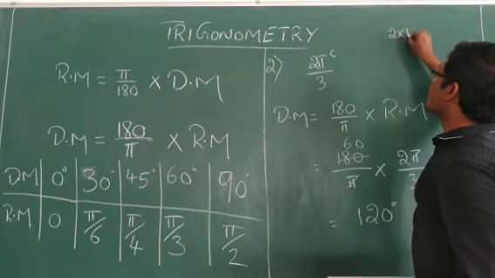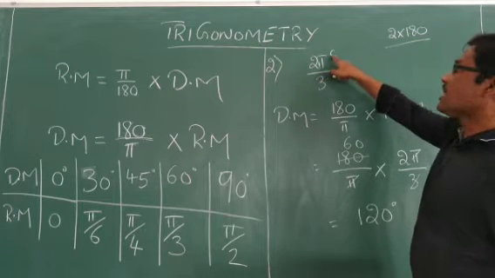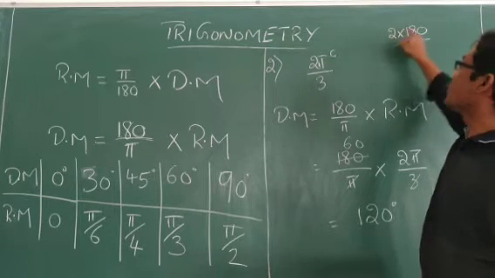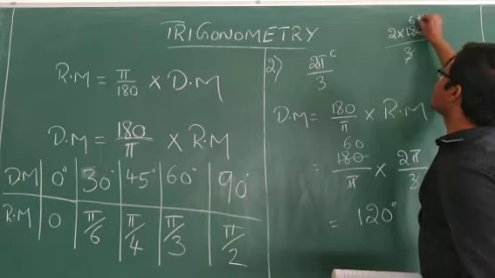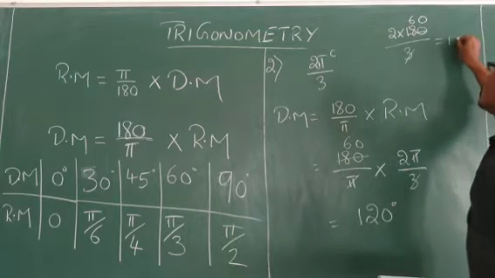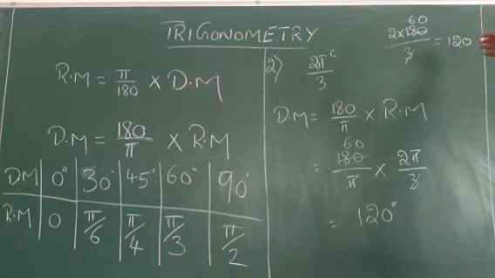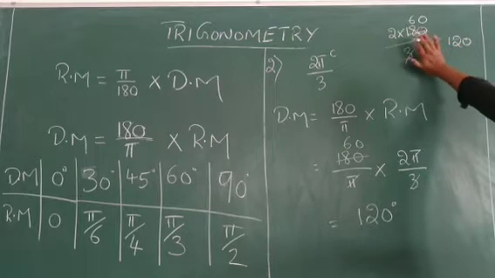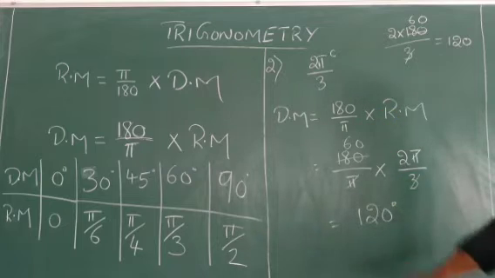That is 2 into pi, which is 180 degrees, by 3. If we convert that into degrees, it is 180 degrees by 3, so we can make it 2 into 60, that is equal to 120. That is a very short way of finding the answer, but in the exam, we should write this method only.